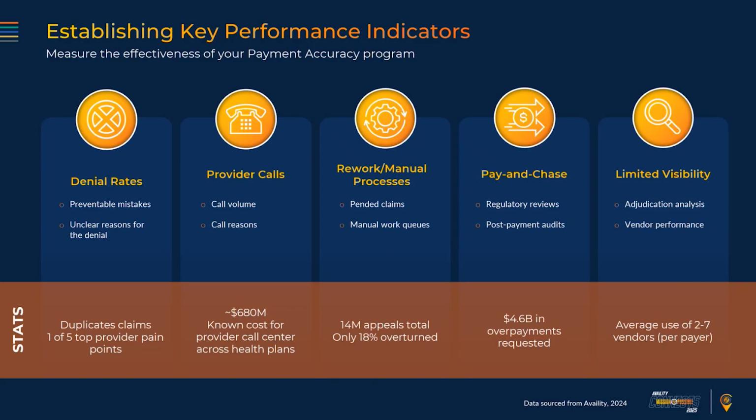That's the pain point that Christina touched on, where you're having to go back and ask for that money back from a provider, or a provider is being asked to give that money back when it could have been paid accurately in the first place. And lastly, on average, we see about 2 to 7 vendors per payer. I know on the provider side, that's also extensive in how many vendors we may be using. So there may be an opportunity for improving those efficiencies.